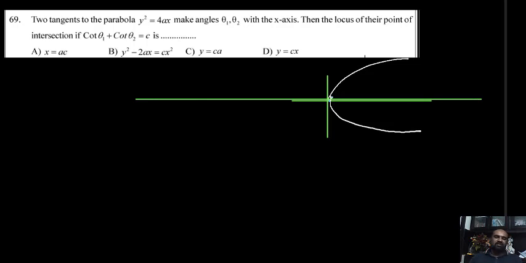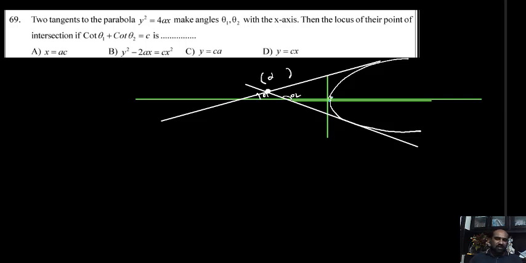Two tangents are drawn. This is one tangent, and maybe this is another tangent like that. They are making angles: this one is making theta 1, this one theta 2. What is the locus of the point of intersection?